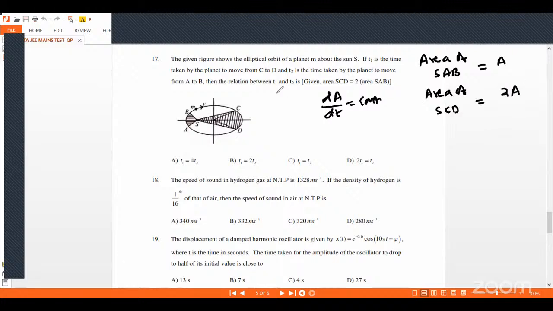For SAB, it takes a time T2. So A by T2 equal to 2A by T1. Upon calculation, we'll get the answer, that is T1 equal to 2T2.